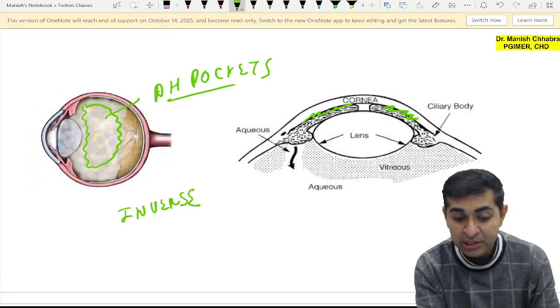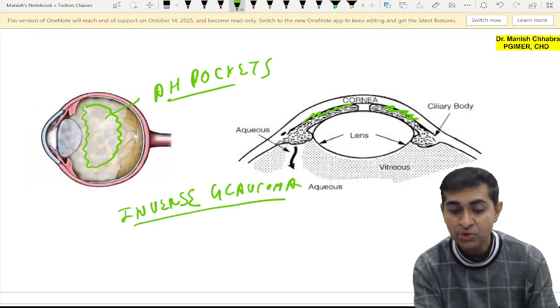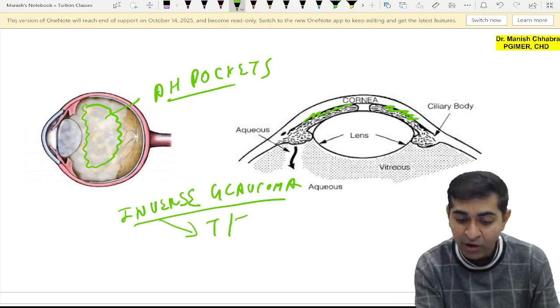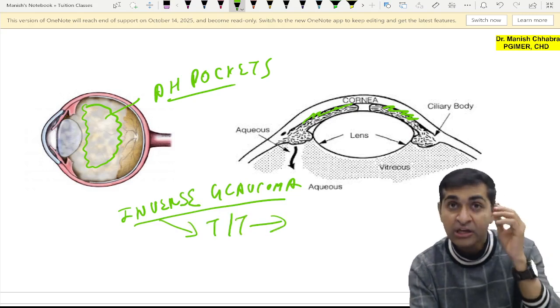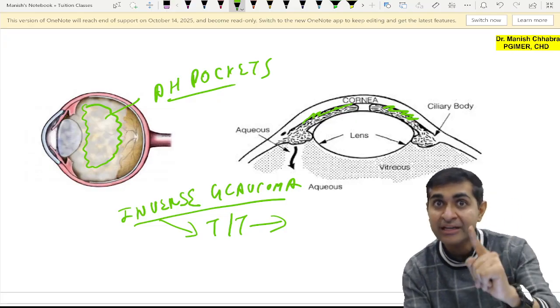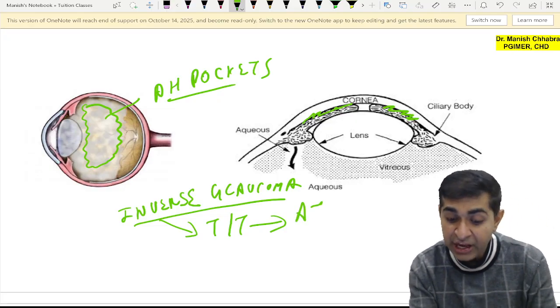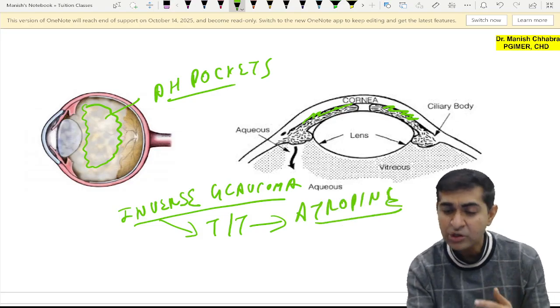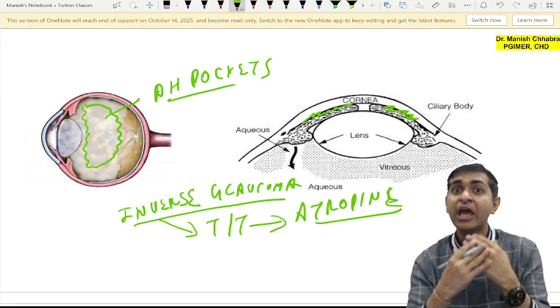This is your previous year question, last year an INICET question. This is inverse glaucoma. And what is the treatment of choice in inverse glaucoma? The only treatment which you give in inverse glaucoma, medical treatment in the beginning, is atropine. Now you'll say, sir, atropine? We haven't heard about atropine being given in any of the glaucomas.